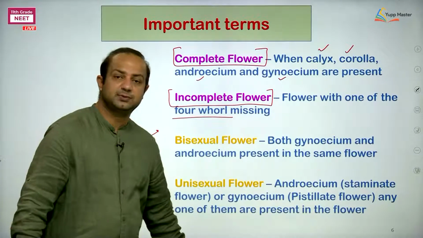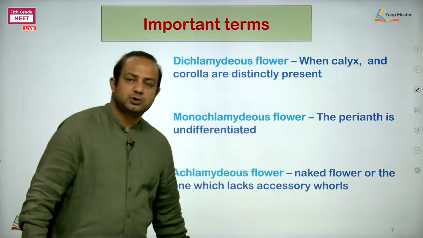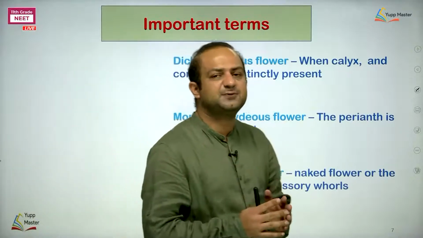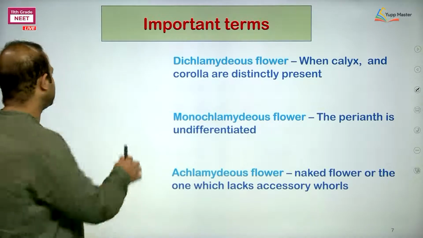Some other terms are there as well. What other terms? See, dichlamydeous. The accessory whorl is often stated as perianth.